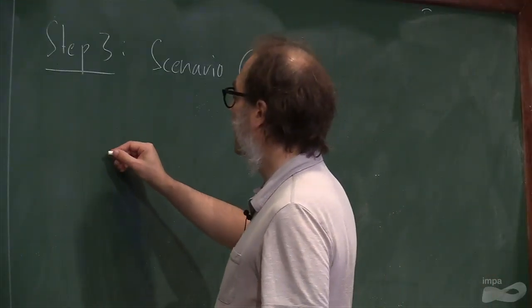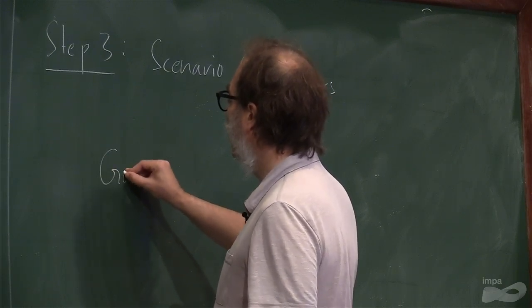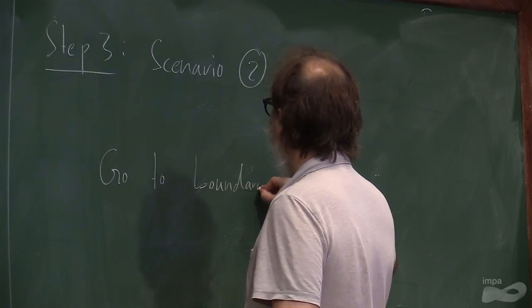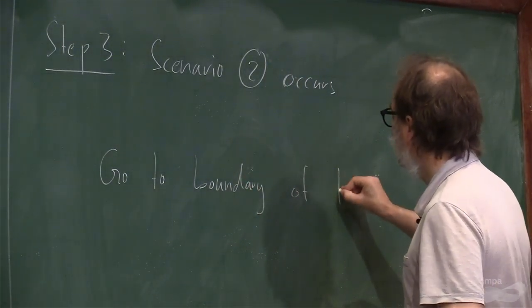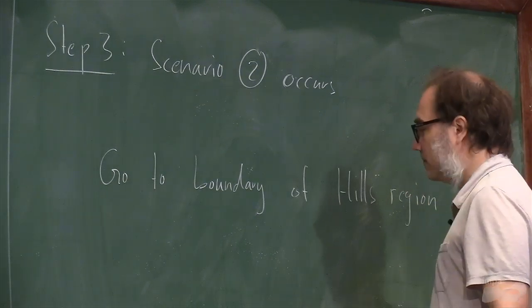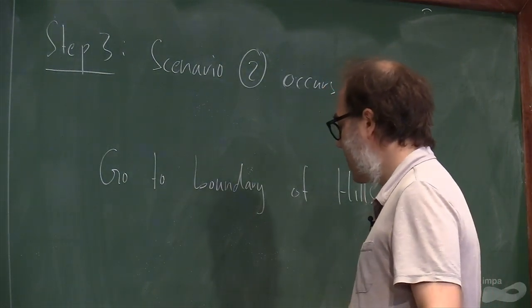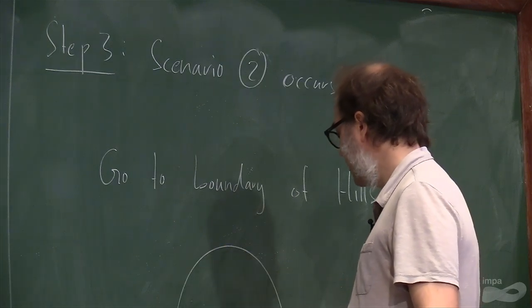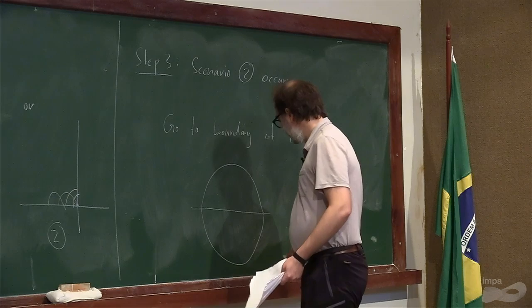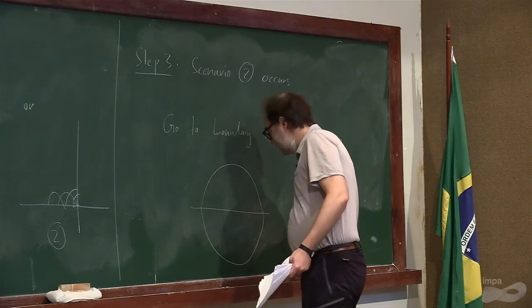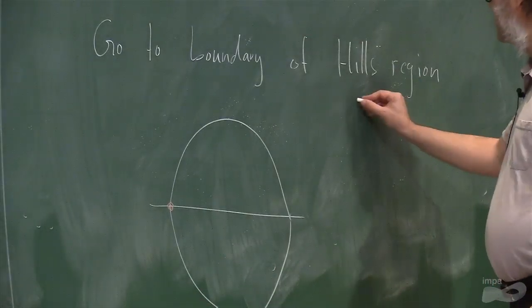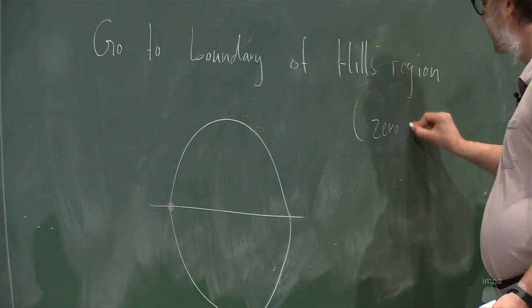So go to the boundary of Hills region. So here is our Hills region. And now we start here, this point. This is the zero velocity curves.